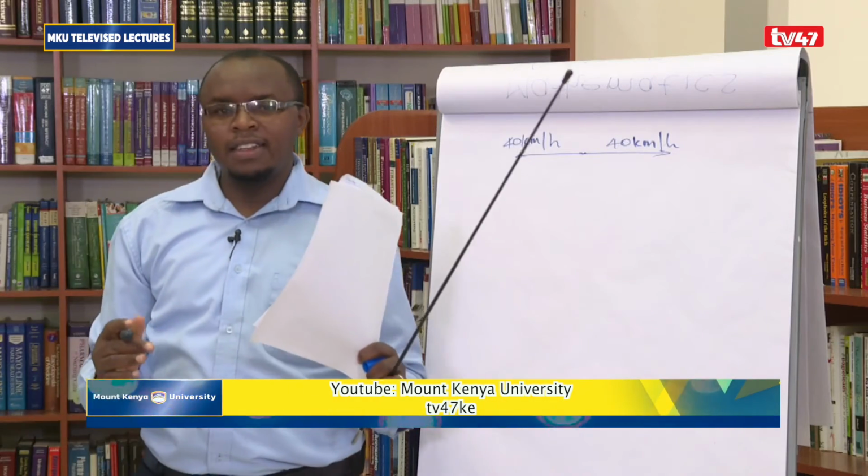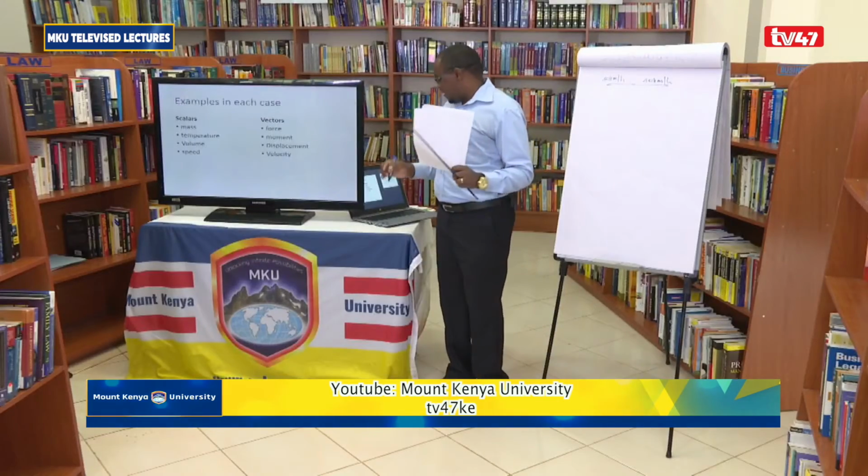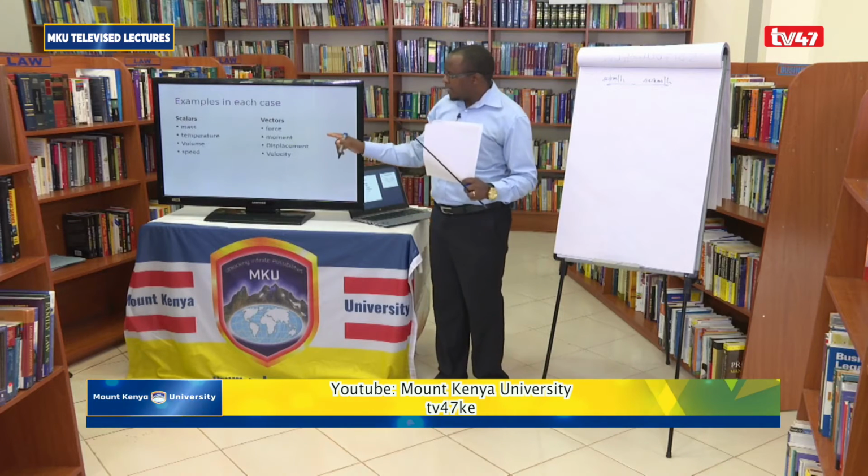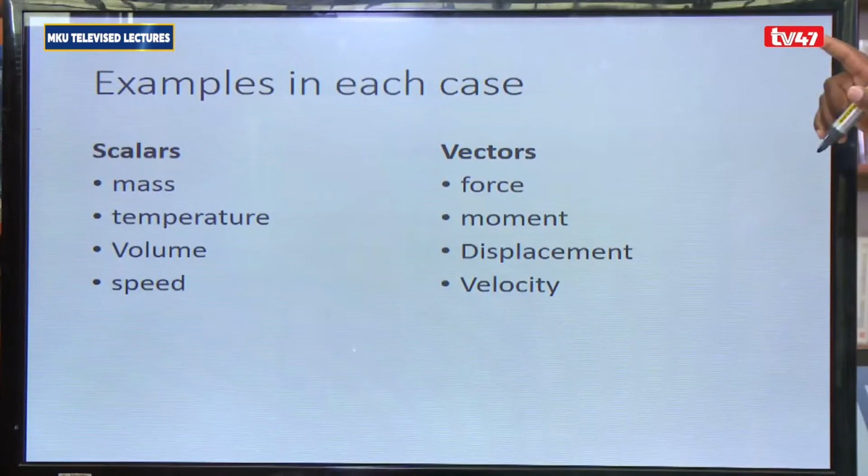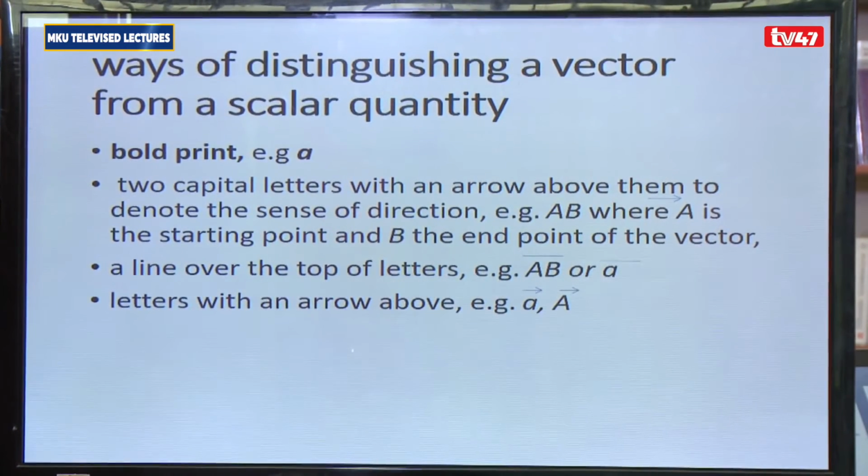So that is vectors. And you can see there is a big difference, because scalar quantities cannot be expressed in terms of direction. Like mass, you just mention kilograms. Temperature is just degrees Celsius or Kelvin. So that is the difference between scalar and vector quantities.